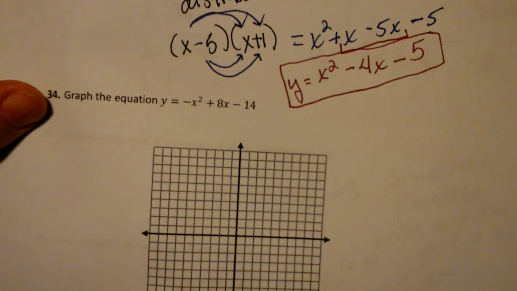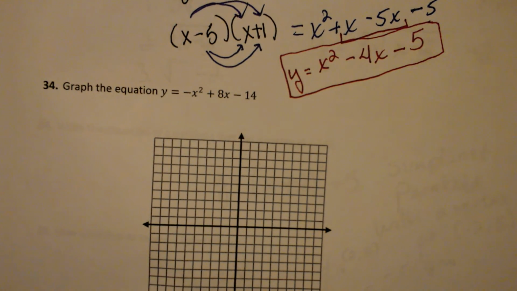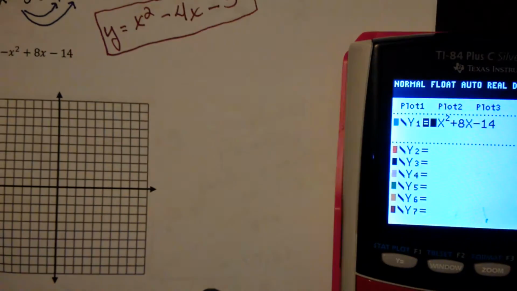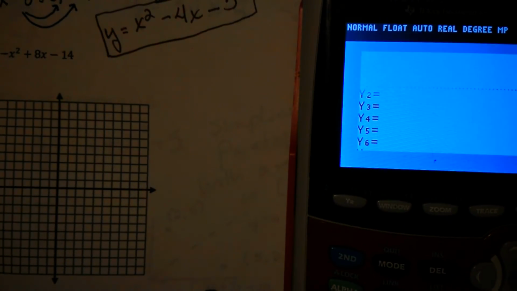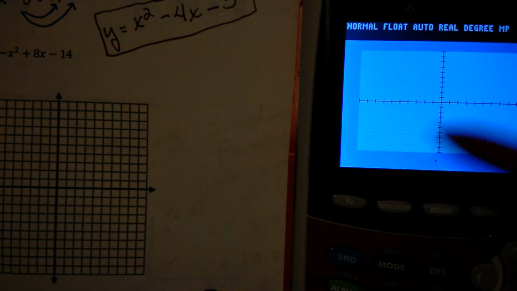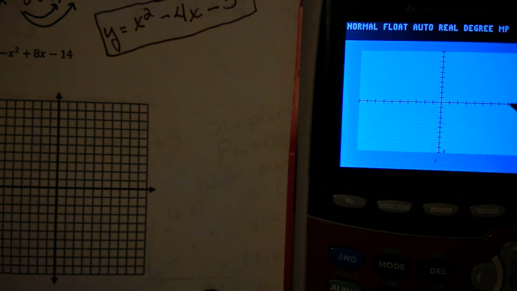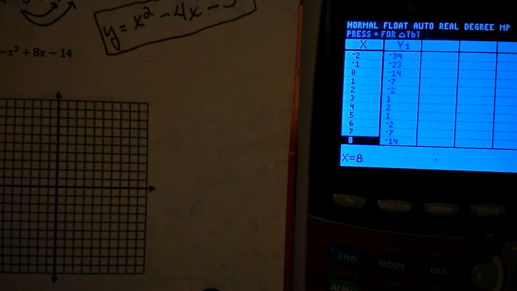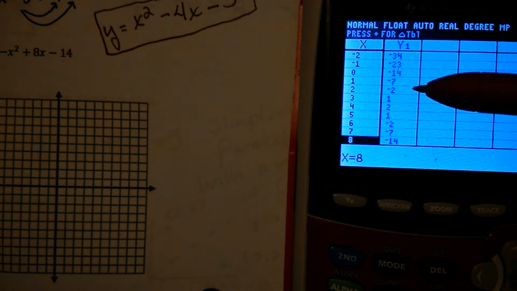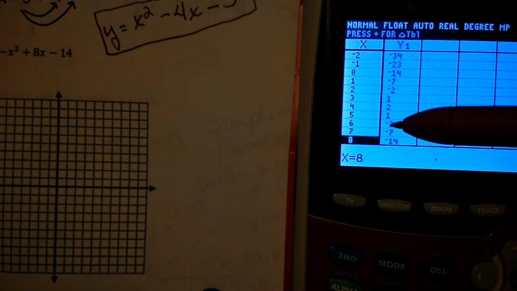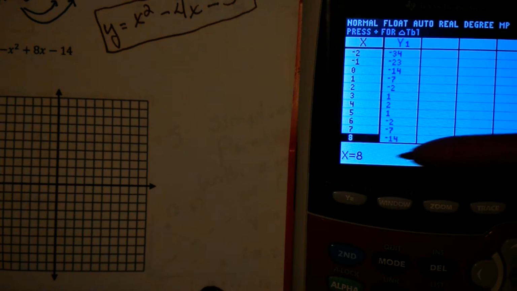So 34, it says graph the equation. So I'm going to put it in y1 and find some points. But first, I'm just going to graph it just to get a good feel of what the parabola looks like. So it's upside down. So I'm going to go and find some points. -7, -2, 1, 2, 1, -2, 7.